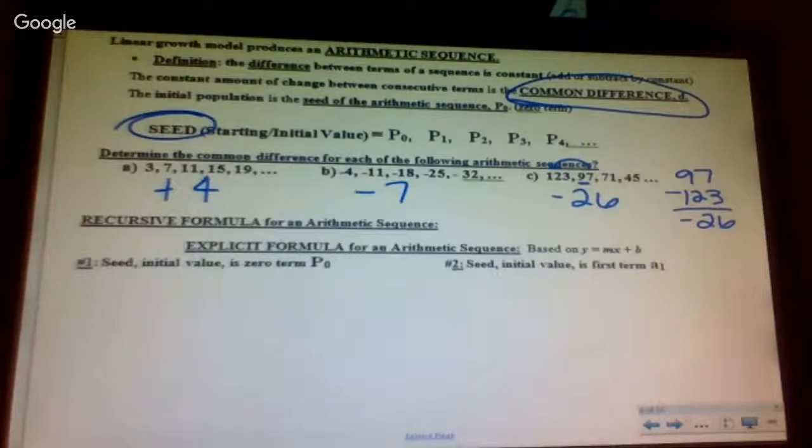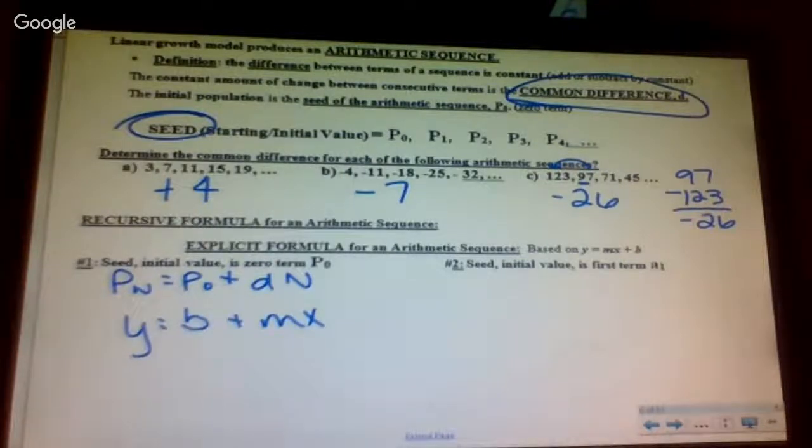Okay, explicit formula. If you start with your initial value, P sub n equals P sub 0 plus your difference times n. This is basically your y equals mx plus b.